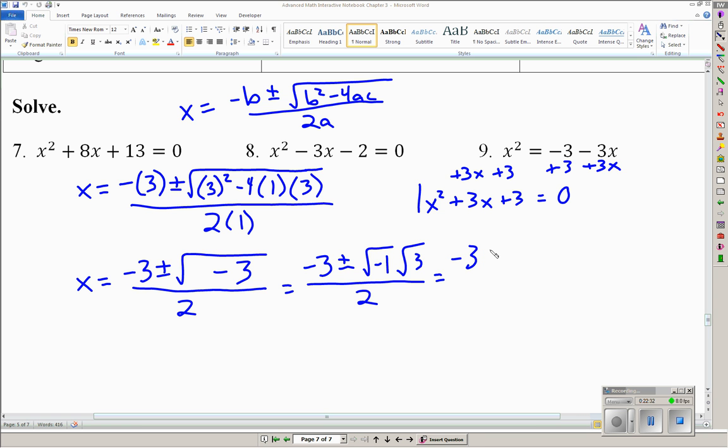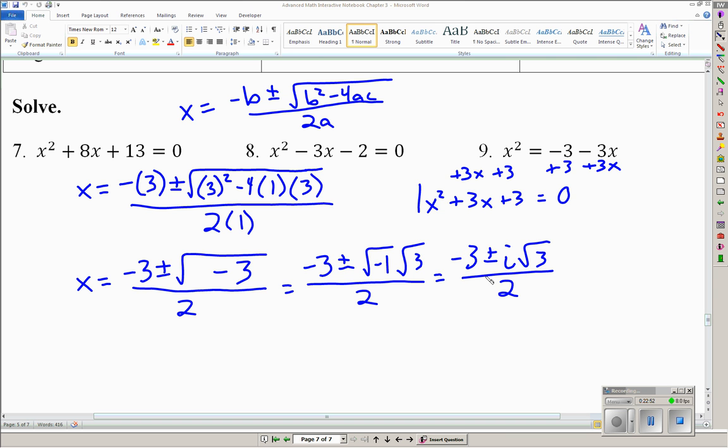That's a 3 there. So that'll be an i times the square root of 3. Now remember, when you have a sum or a difference over a denominator, you can put each one over the denominator.